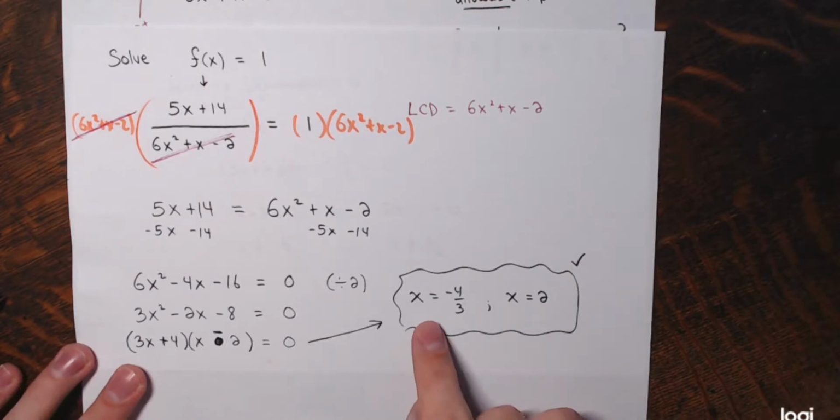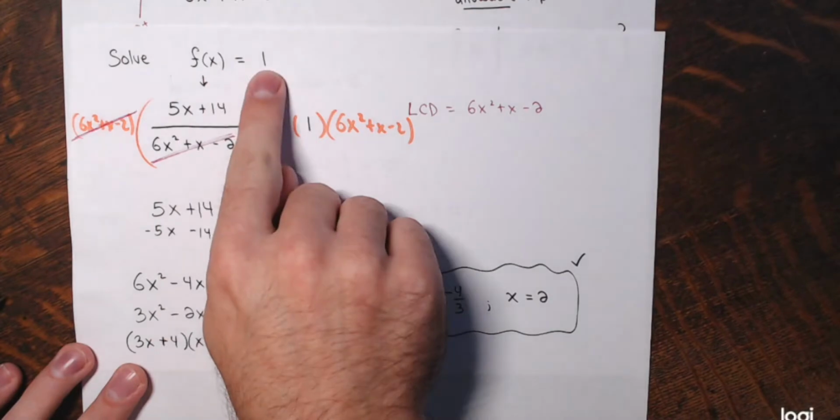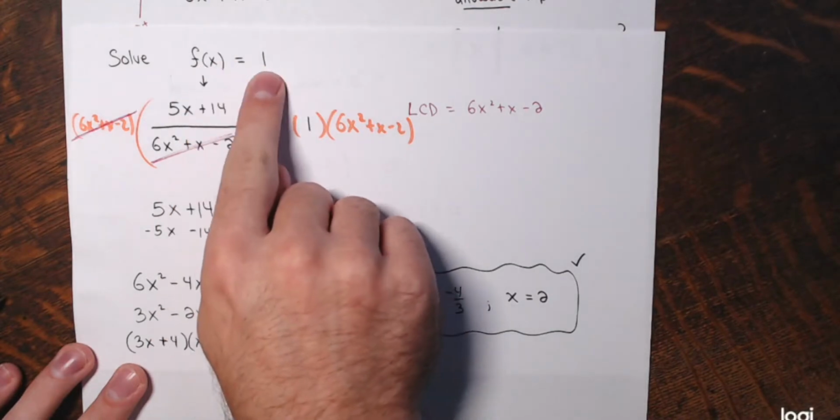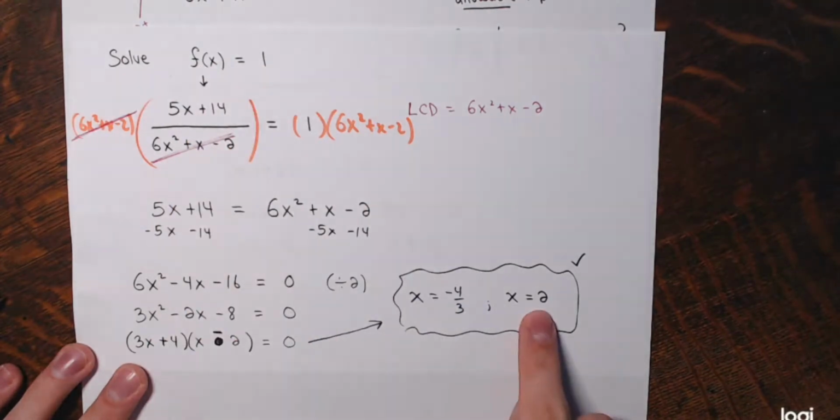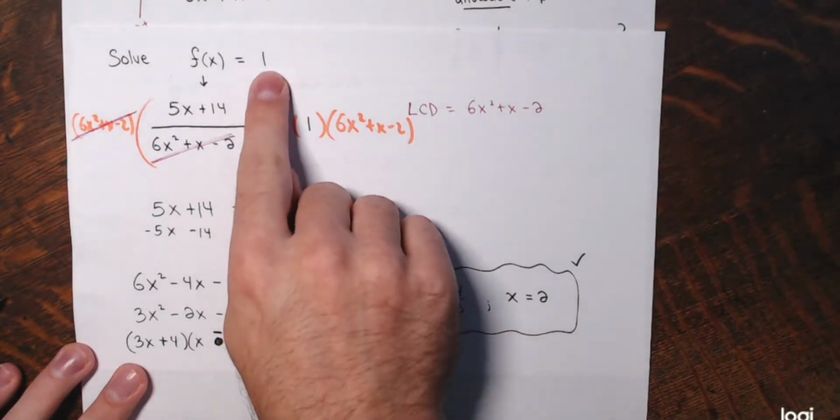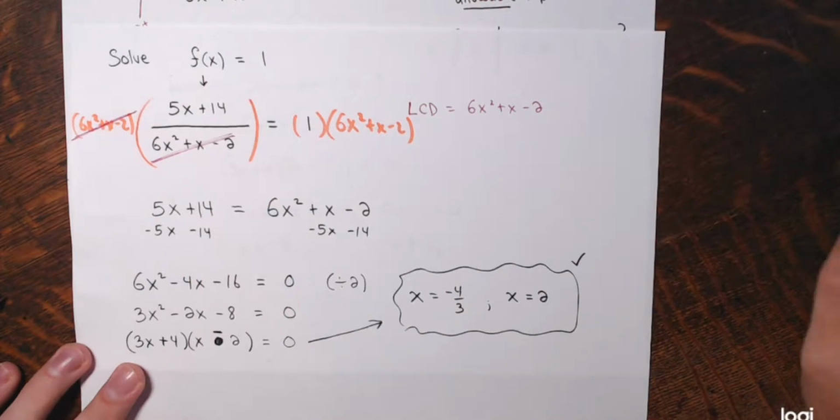So what this is saying is when the input, when the x value is negative 4/3, the output will be 1. F of x will be 1. Also, when the input is 2, the output will be 1. Right? These are solutions to that equation, f of x equals 1.